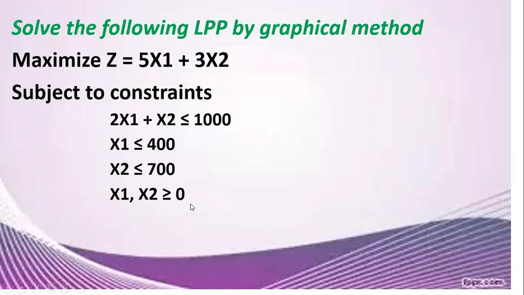This last constraint is known as the non-negativity constraint. Whatever variables you have taken, x1 and x2, should be greater than or equal to 0.